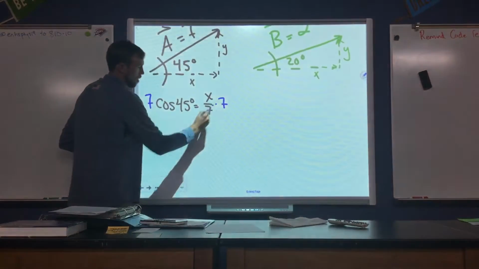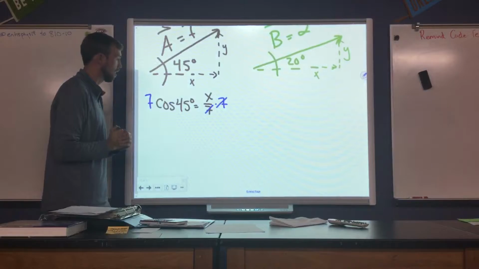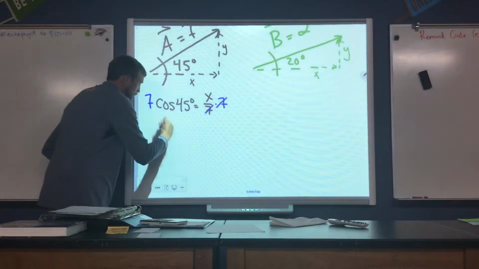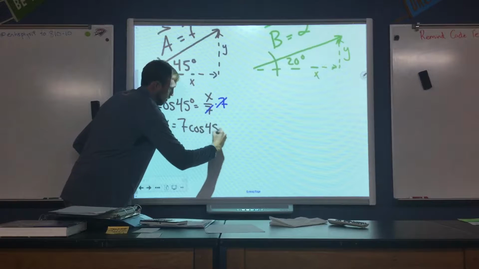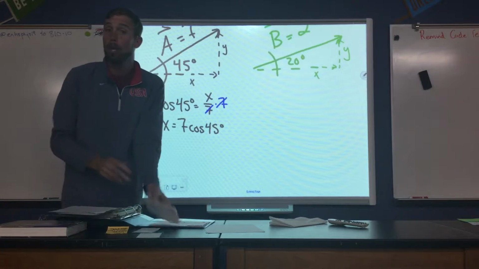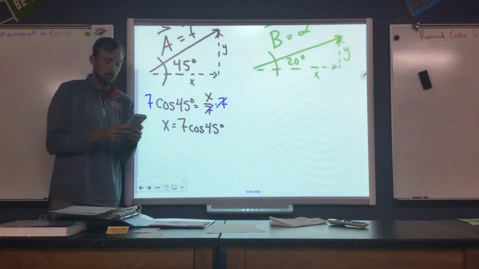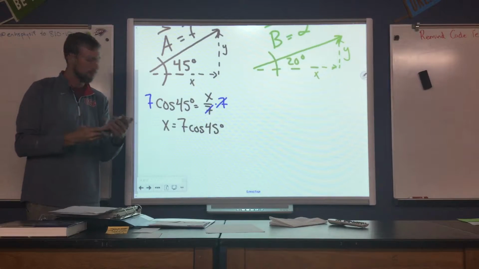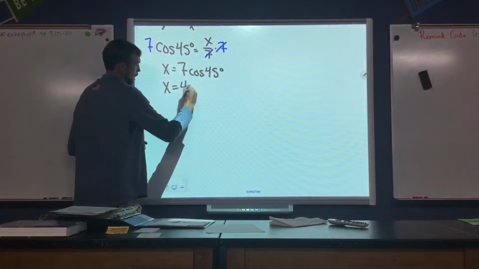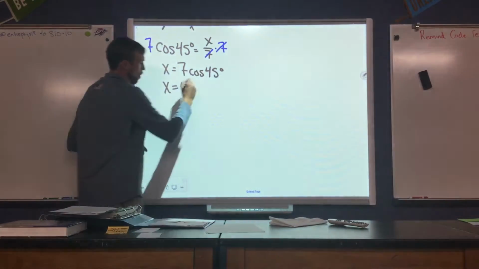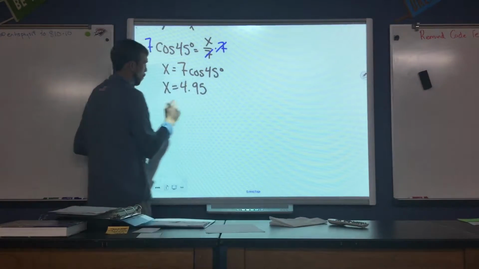So 7 over 7, those values cancel out, and we're left with x is equal to 7 cosine of 45 degrees. Okay, so I'll go ahead and plug that into my calculator, making sure I'm in degree mode, not radian mode. So 7 cosine 45 gives me a value for x of about 4.949. So we'll go 4.95.